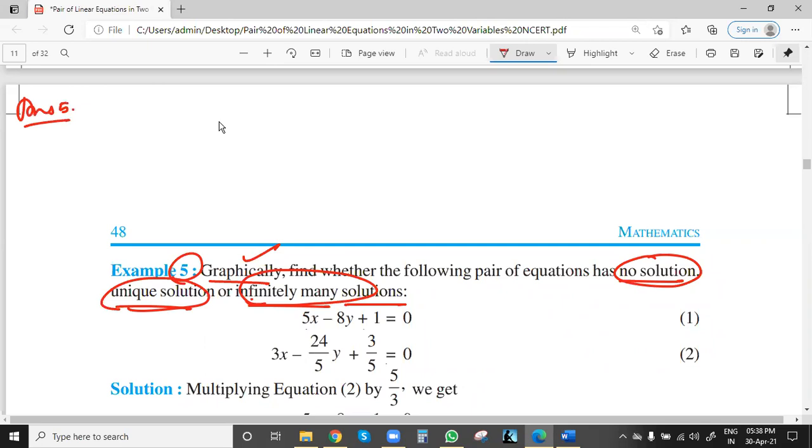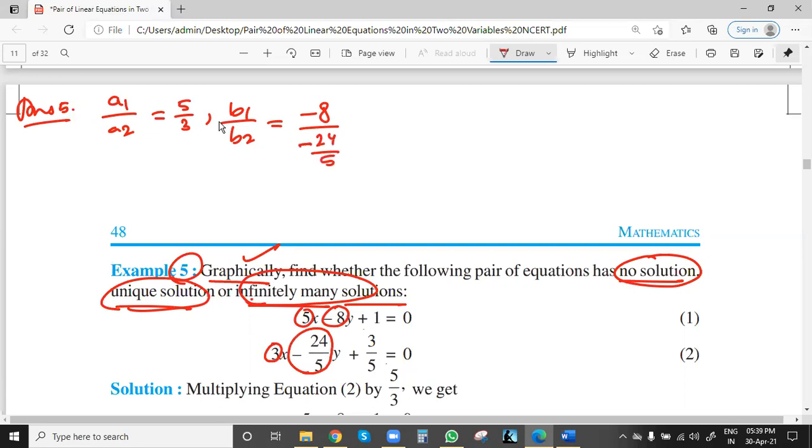Okay, see. Answer 5. Simply we can say, A1 by A2 ratio we will check. A1 is 5. A1 is the value associated with X. And A2 is 3. So 5 by 3. B1 by B2. B1 is -8. B1 and B2 are values associated with Y. B1 is -8, B2 is -24 by 5. We can simplify this. First, minus minus cancels, and this 5 will go up. How can we write it: 8 into 5 by 24.